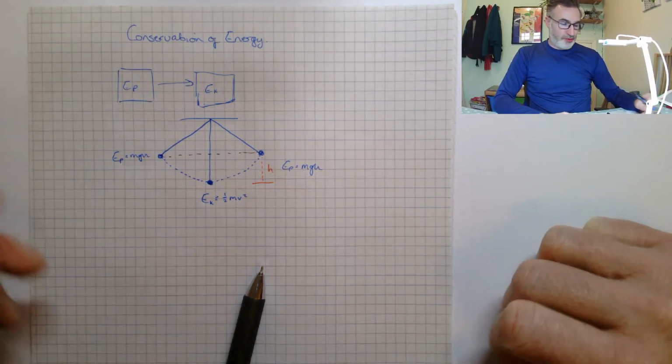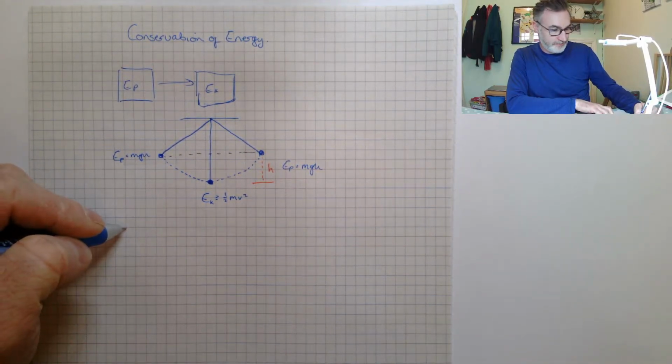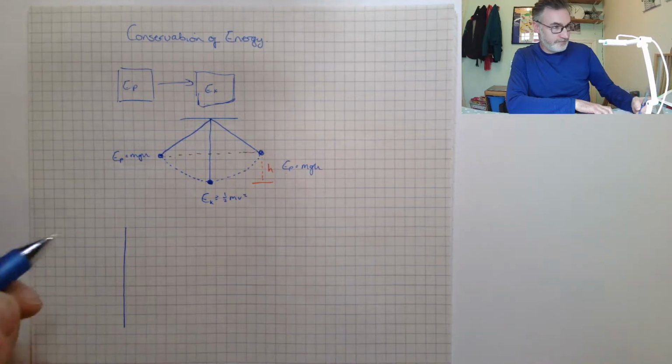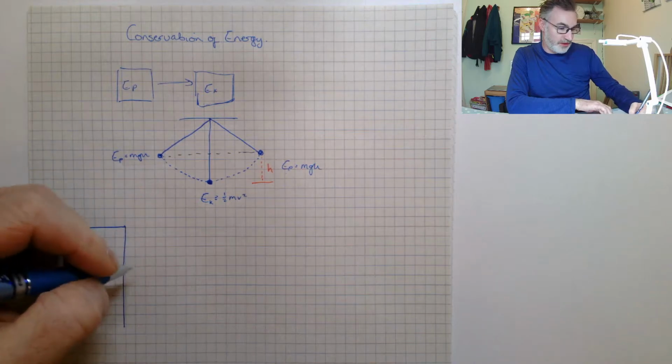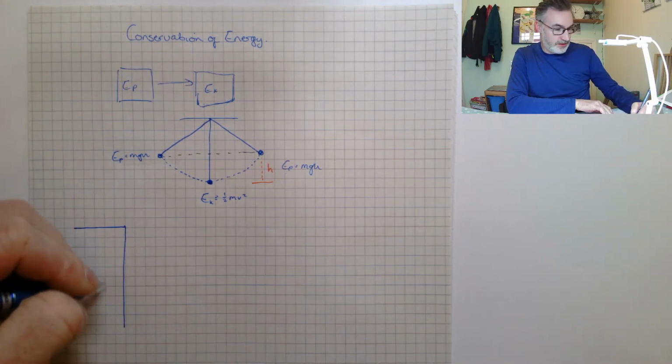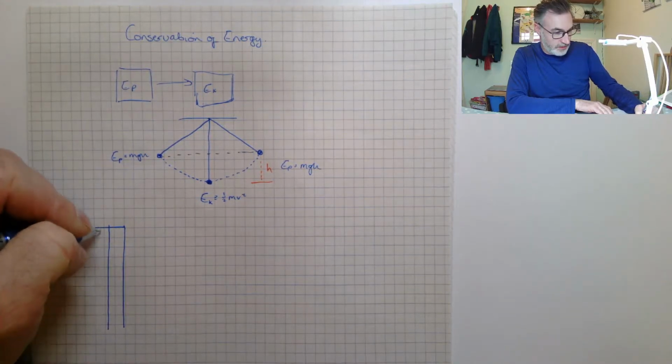If we look at an example, let's say we're going to get a tall building, and on this building I'm going to climb a ladder.